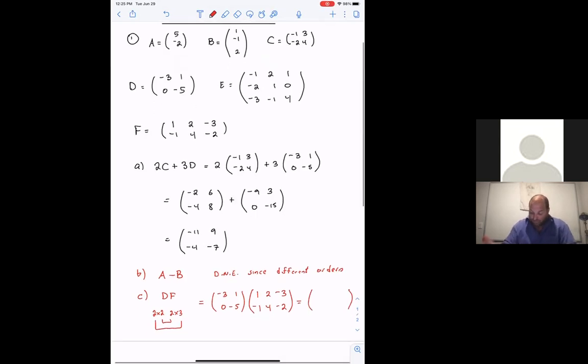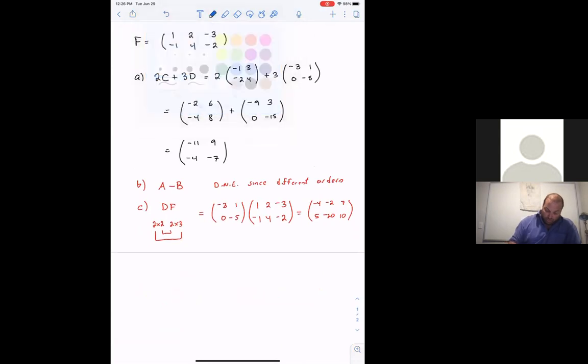So there are 6 numbers that we must calculate. So the first one, first row, first column, -3, -1, that's -4. -6, 4 is -2. And 9, -2 is 7. Next one is 5, -20, and 10.